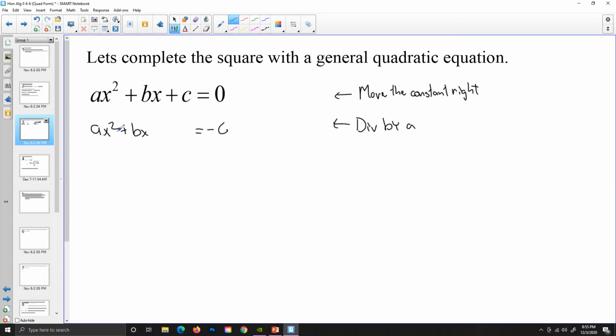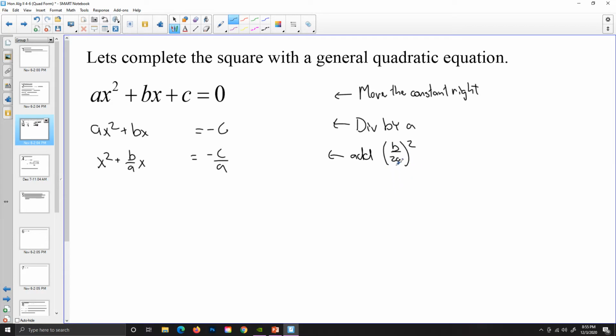So when I divide ax squared by a, I'm going to get x squared. When I divide bx by a, I'm going to get b over a times x. And when I divide c by a, I'm going to get c over a. Now we're going to add b over 2, but if I divide b over a by 2, it'll be b over 2a, squared.